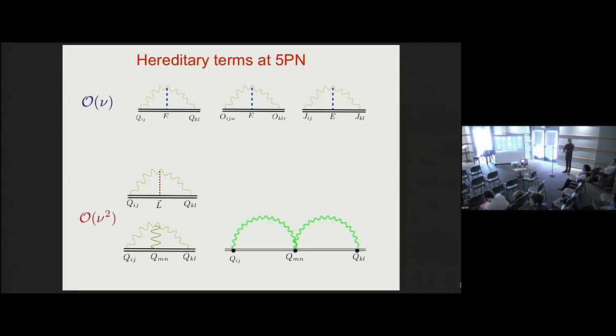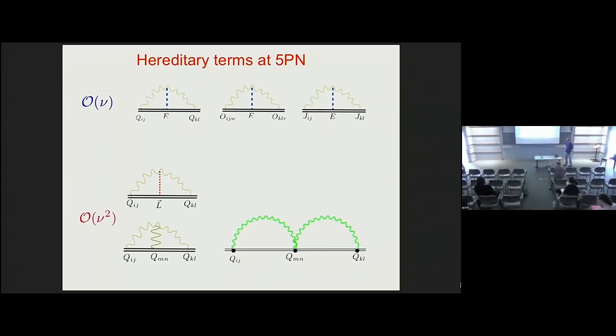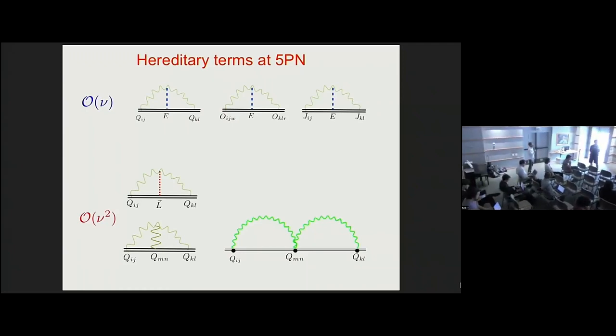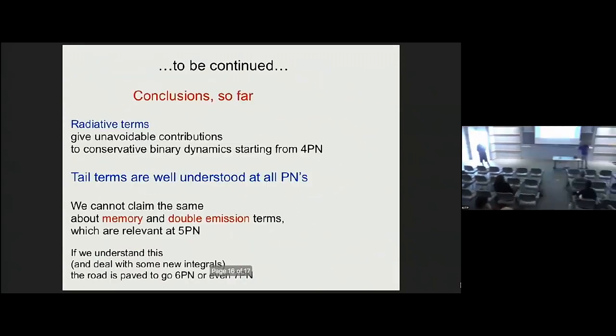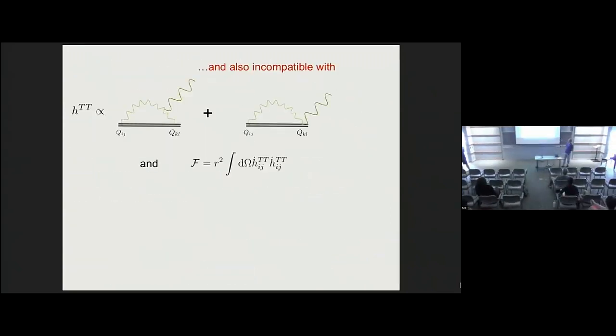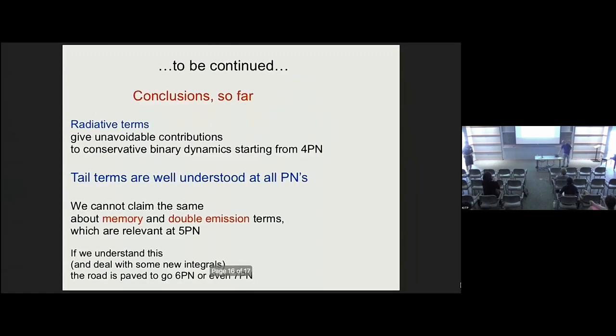So I'll follow up on my previous question. Physically, is it clear what interpretation we should have about these kinds of effects? Are they self-fields that the binary is carrying with it? Does it correspond to actual radiation that reaches infinity and can be measured by an observer? Well, this process has a corresponding process where radiation goes to infinity, for example like this. If you compute the flux of gravitational waves emitted from these processes, that should correspond to the flux inferred by these closed diagrams.